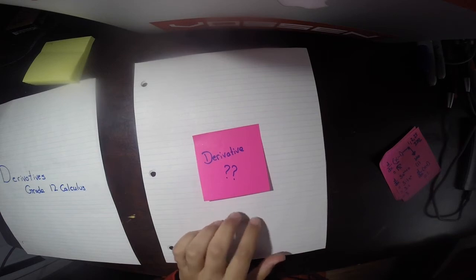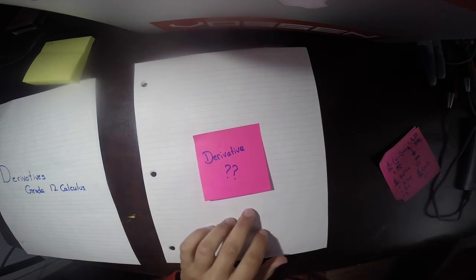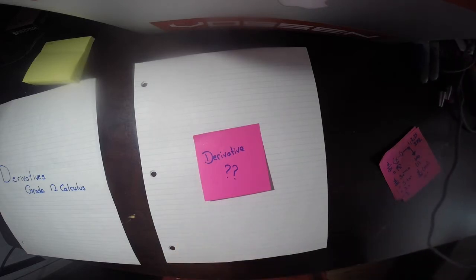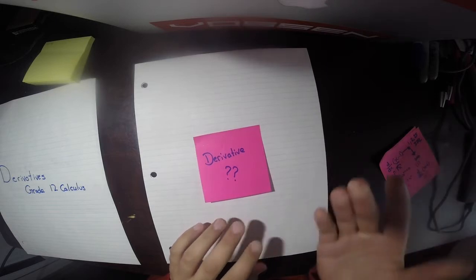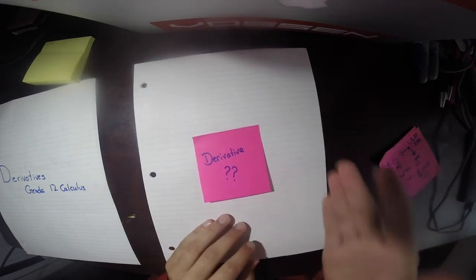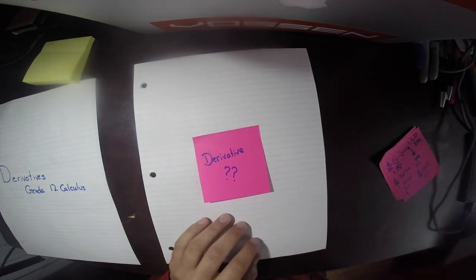On the graph of f of x, it is the rate of change of f of x at that point. So in plain English, the derivative is pretty much the slope of a tangent line and its instantaneous rate of change. If you don't know these definitions, I'm going to get right to that.